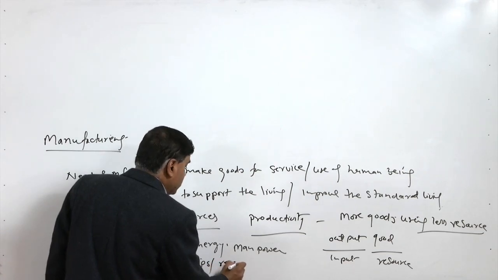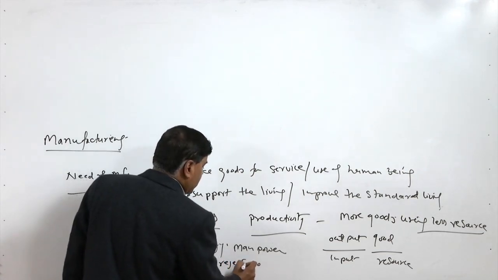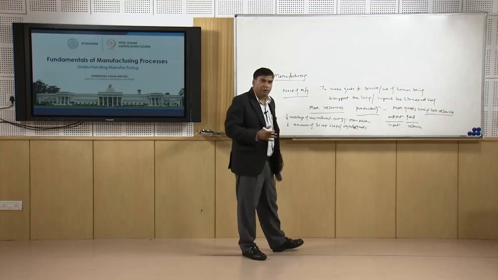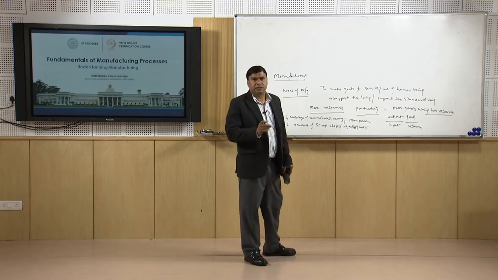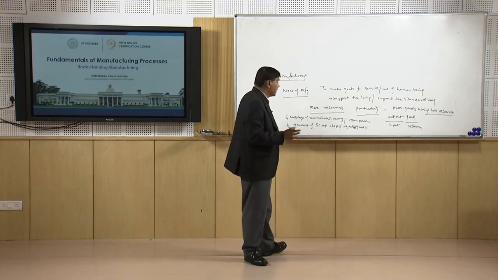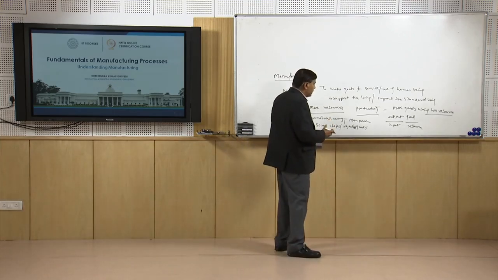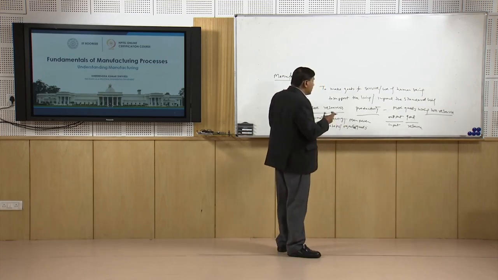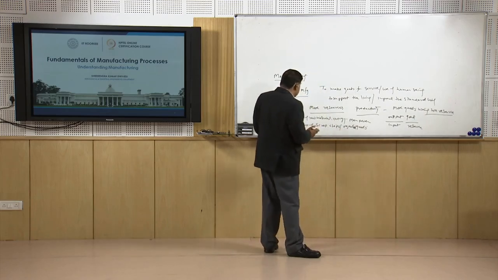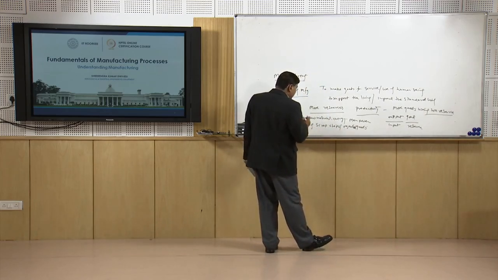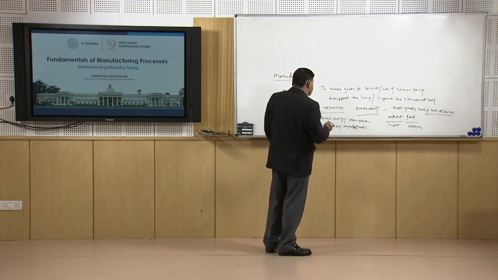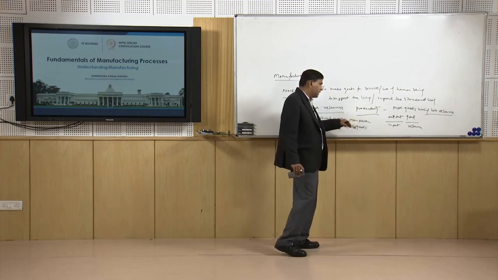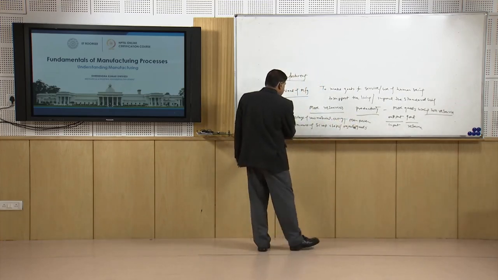rejected goods produced of undesirable dimensions, shape, properties, soundness. So, if the things are not sound, not of the desired characteristics in terms of finish and tolerance, if they are not of the desired size and shape, then they need to be rejected, and that will be simply wastage of the resources in all forms like raw material, manpower, energy, etcetera.